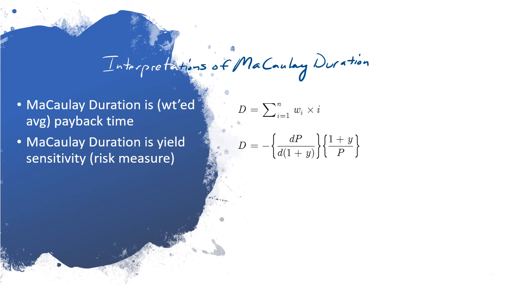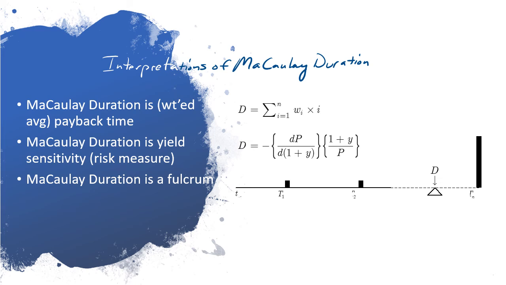We will talk about that in a minute. Last but not least, the Macaulay duration is similar to the fulcrum of a lever. Imagine that cash flows are weights being put on a lever. Then the position at which the lever is balanced is precisely the Macaulay duration.